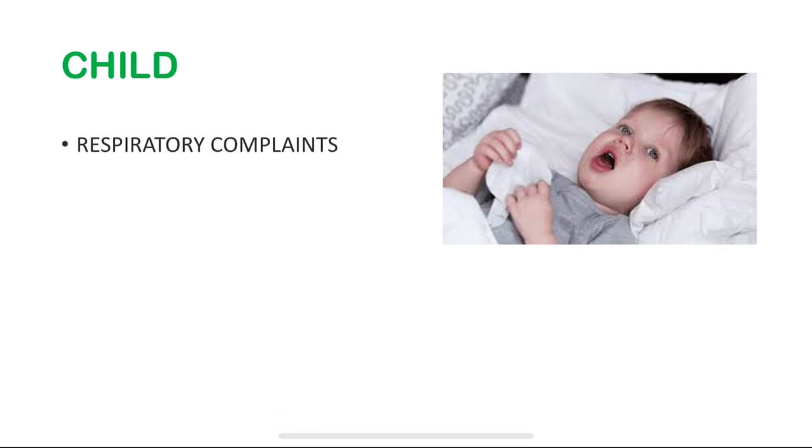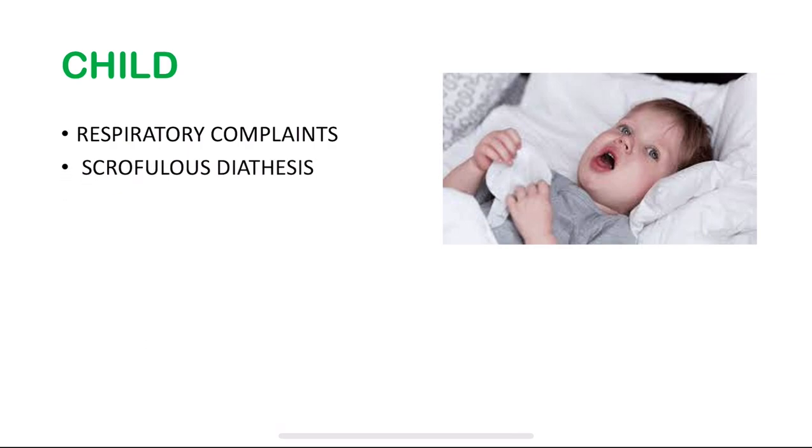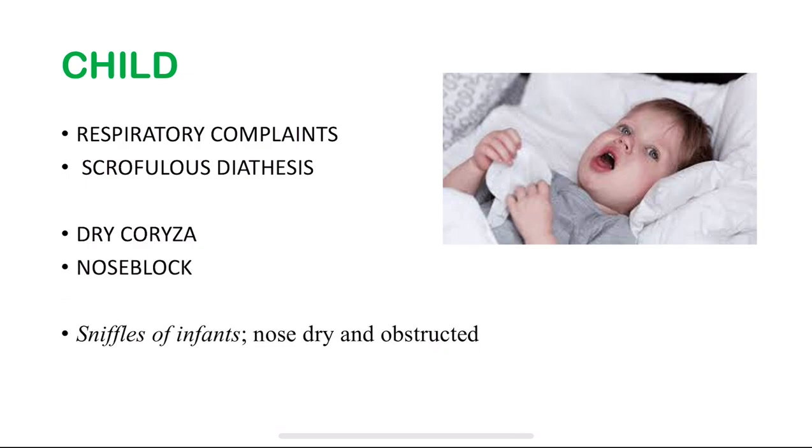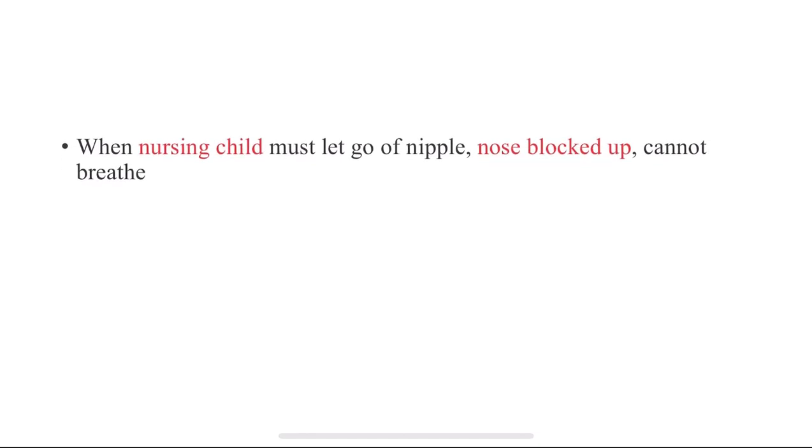Okay. So we see further the child of Sambucus Nigra, they have respiratory complaints belonging to the scrofulous diatheses. So the glandular affections we can observe in them: dry coryza, nose block, sniffles of infants or the snuffles, or the noisy breathing in the infants. The nose is dry and obstructed.